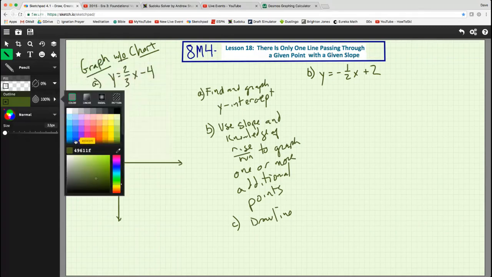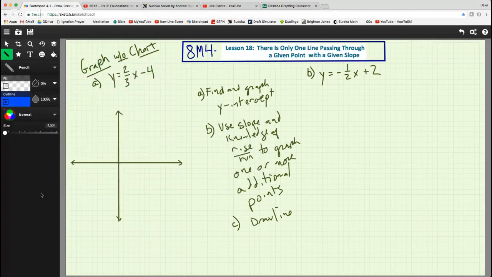So let's graph, we'll graph in blue, my favorite color. So where is our y-intercept? So that's point A on this graph. Our y-intercept is -4. So (0, -4). So let's graph that. 1, 2, 3, -4 right here.